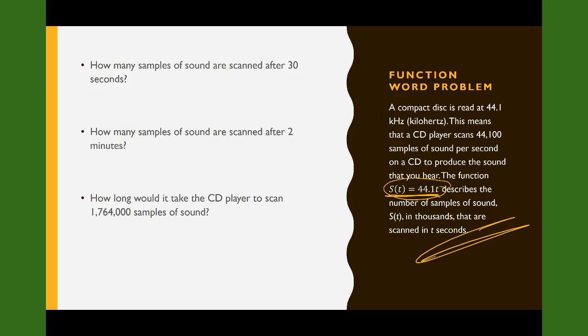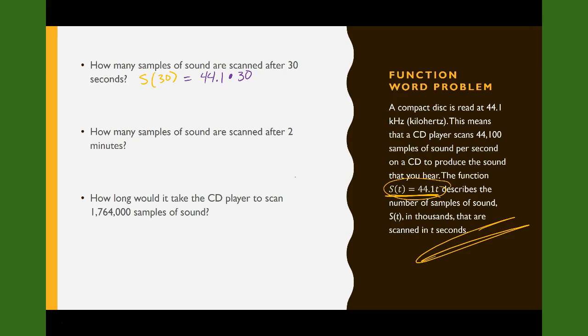So for example, how many samples of sound are scanned after 30 seconds? All they're asking there is S of 30. And that just means, what is 44.1 times, replace t by 30, times 30.